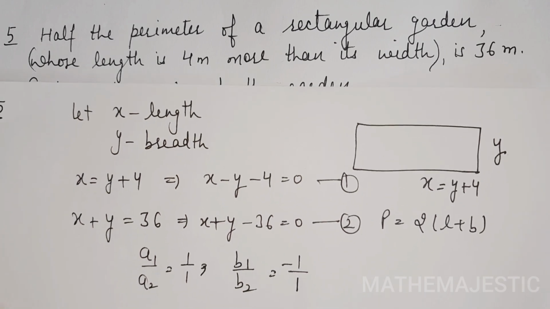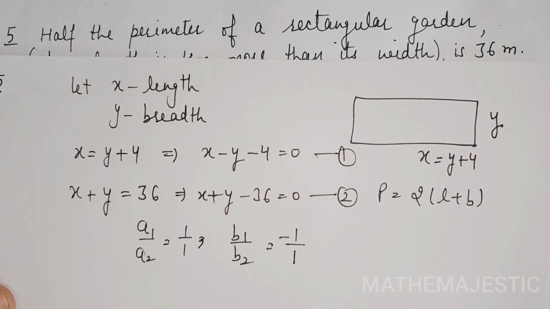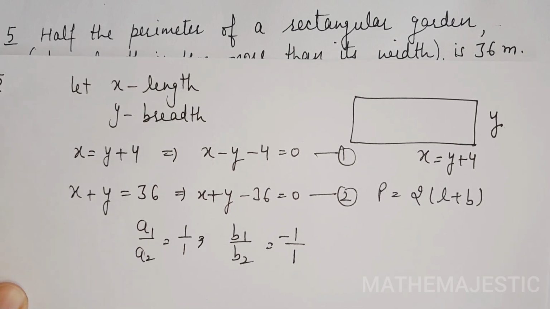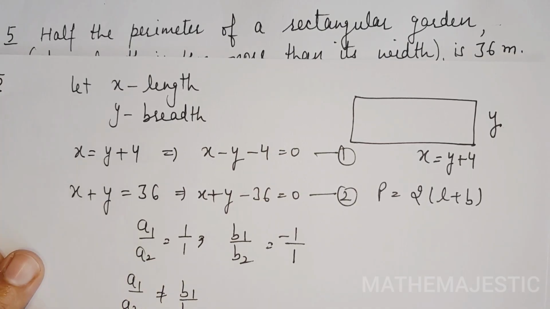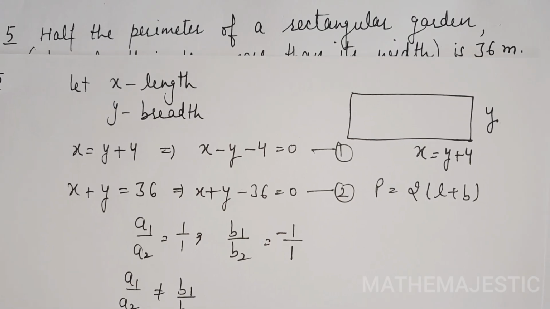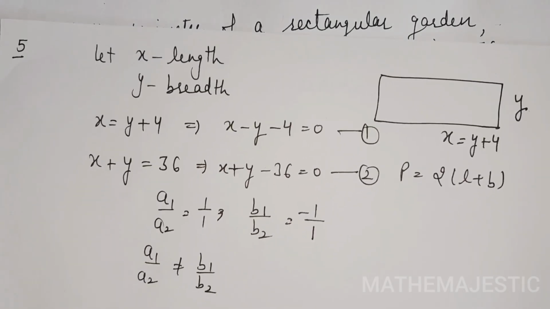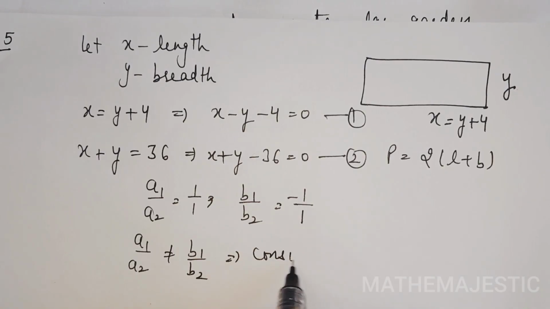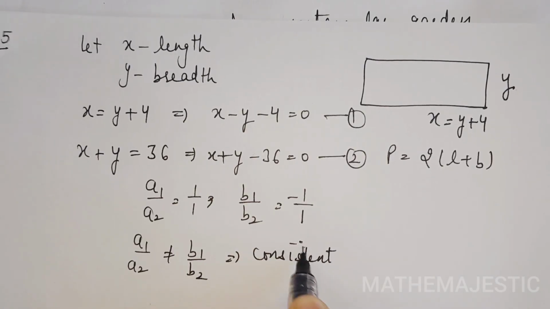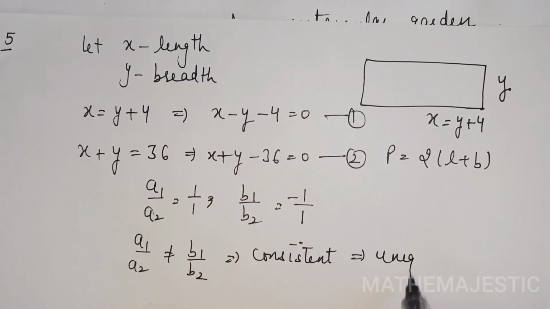You can see clearly that the first two ratios are not equal, so we need not find the third ratio. If the first two ratios are not equal, the system is consistent. The lines will be intersecting and they will have a unique solution. So it is a consistent set of equations with a unique solution.